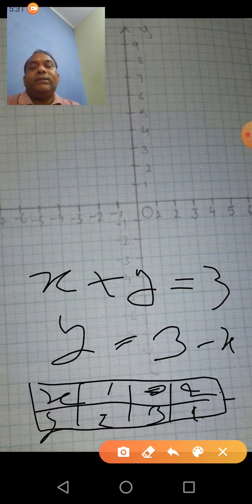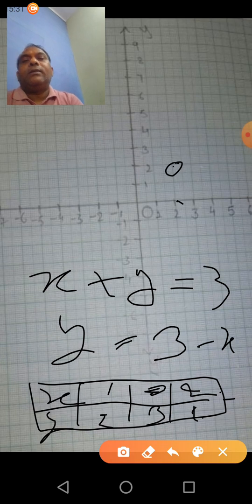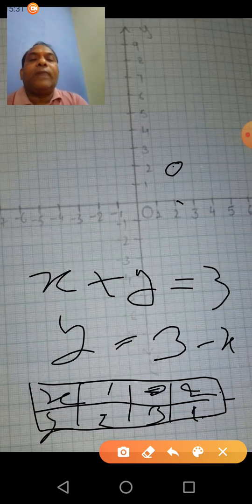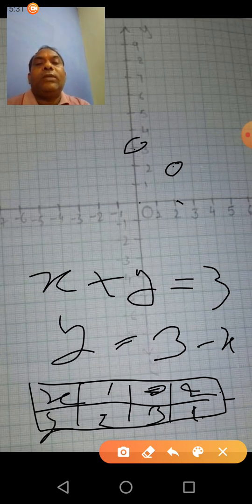The first point is x 1, then y 2. x 1 is here and y 2 is here. So this point will be this one. Clear? Now put x is equal to 0, then y is equal to 3. So (0, 3), second point is here. Now x is equal to 2, then y is equal to 1.